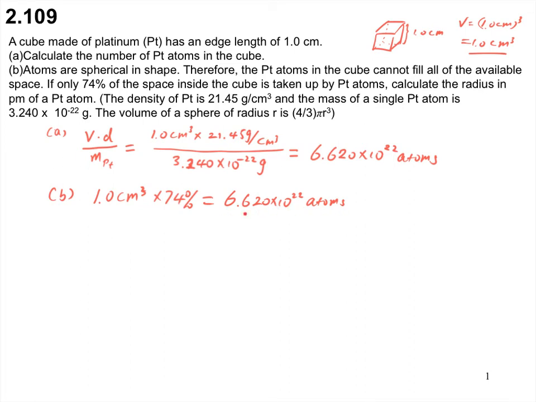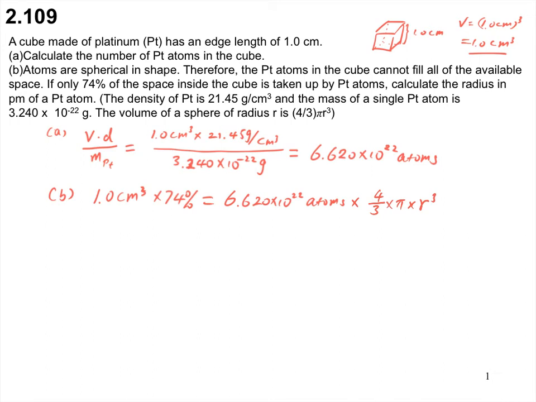That is equal to the volume of this number of atoms. And we know that for each platinum atom, the volume is given by this equation, so therefore we can write 4/3 times pi times r cubed.